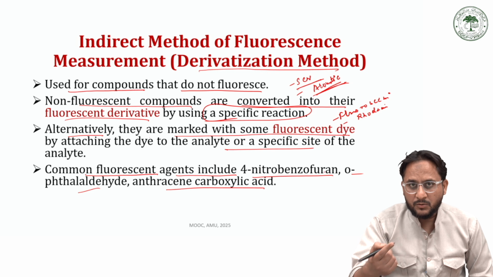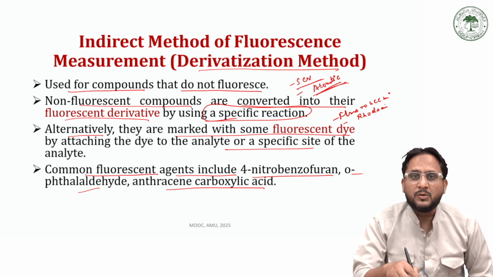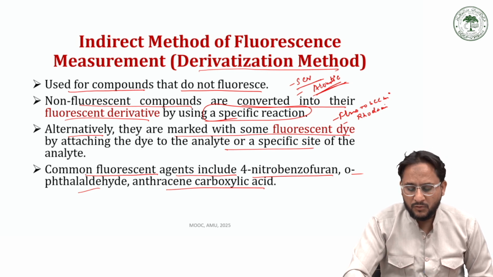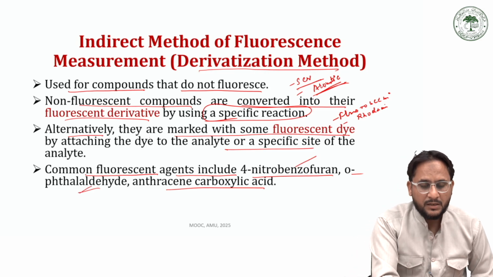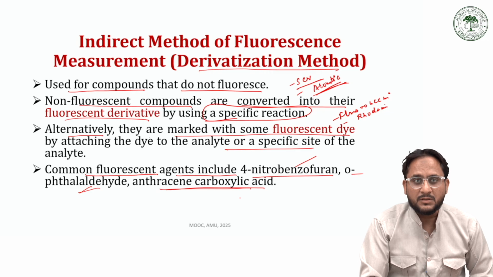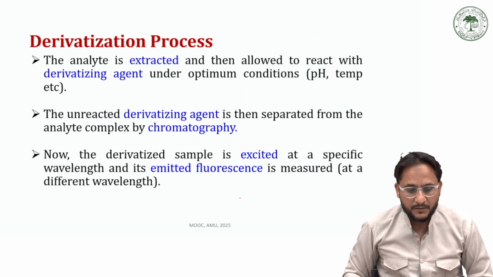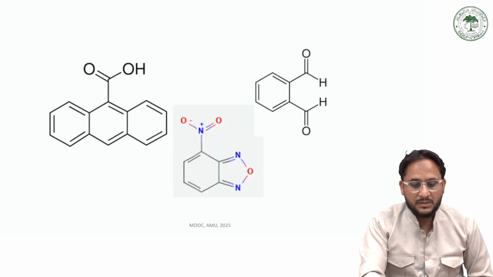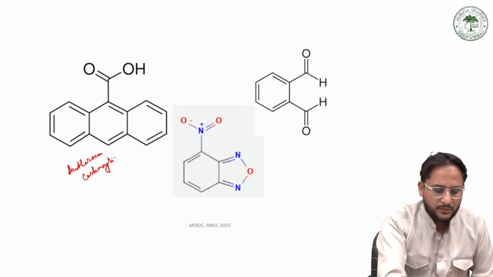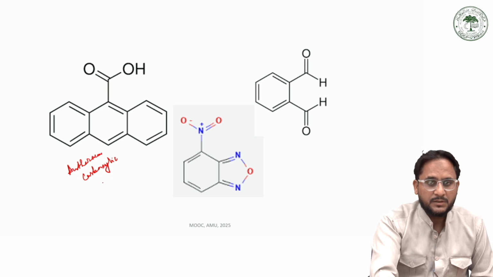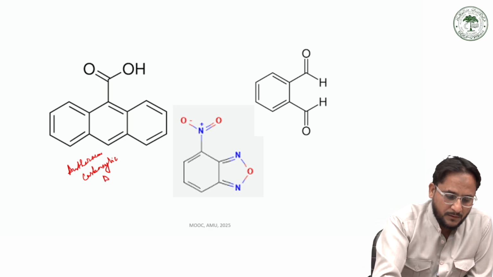And if you remember, I told you that many of the aromatic compounds are fluorescent, and if you look at these examples, nitrobenzofuran is aromatic, orthophthalaldehyde again aromatic, anthracene carboxylic acid again aromatic. So these are the structures of these compounds. This is anthracene carboxylic acid, which is a fluorescent compound and aromatic in nature.